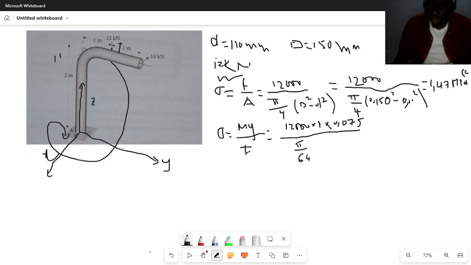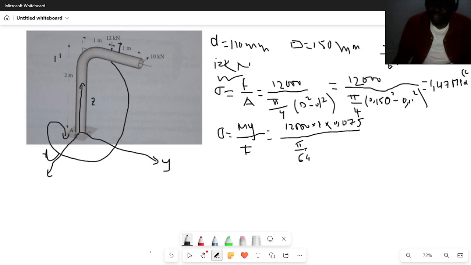Times y here 0.075. Now, when we calculate the I here, remember the formula is pi over 64 d to the power 4.